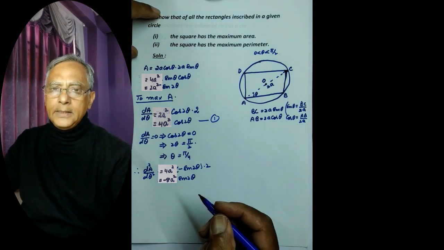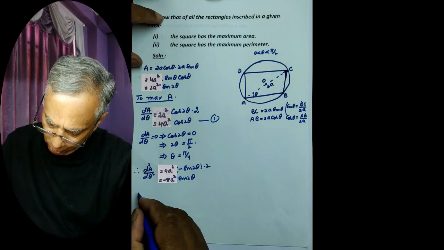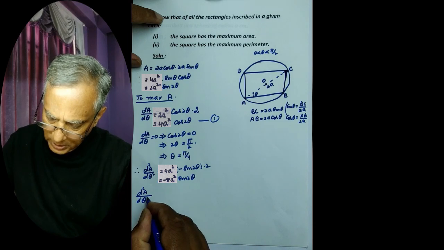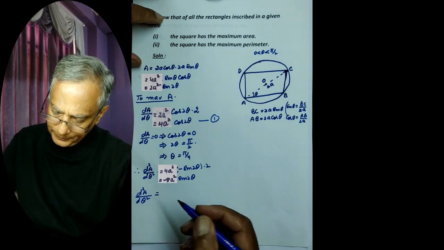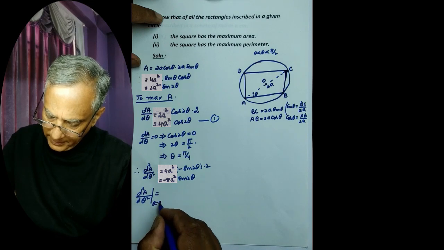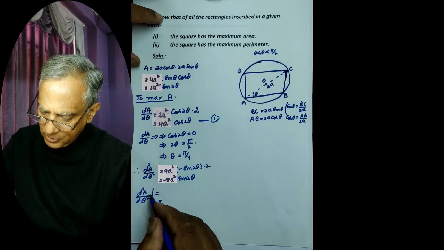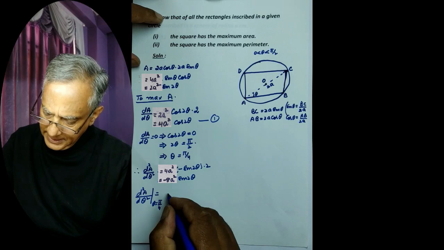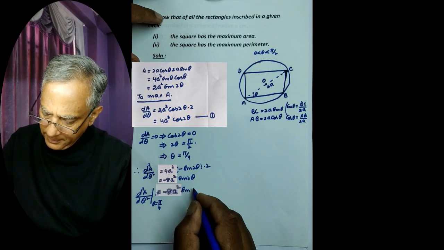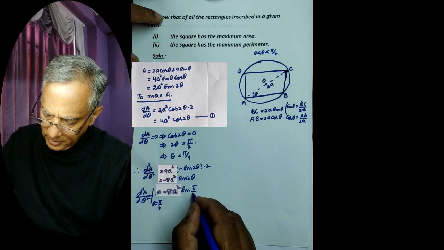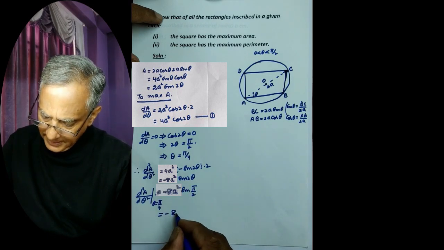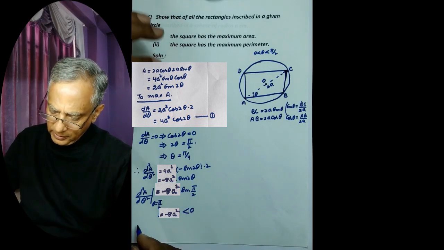Therefore d2A by d theta square at theta equal to pi by 4 is minus 8a square sine of 2 into pi by 4, that is pi by 2. That is minus 8a square, which is negative.